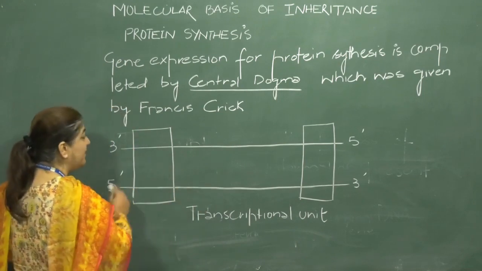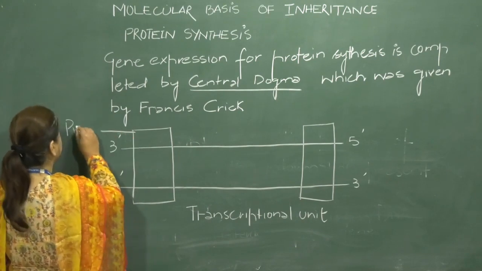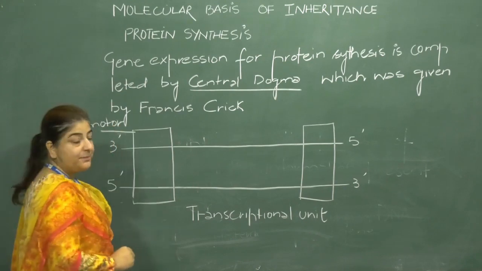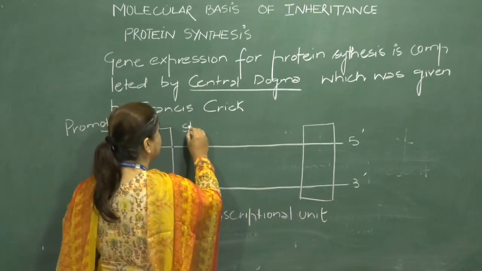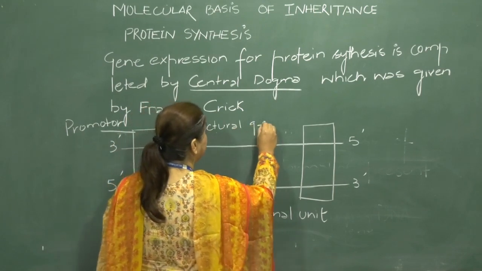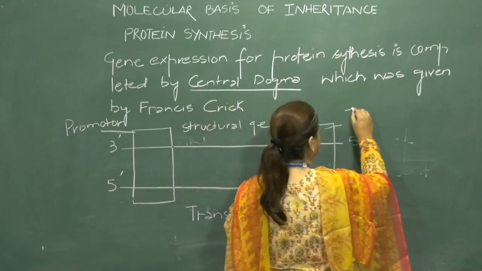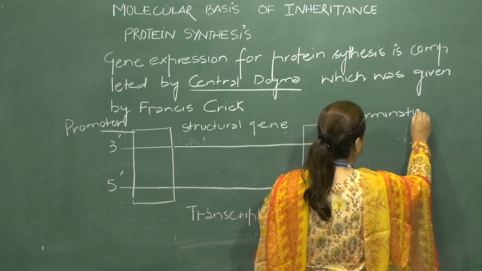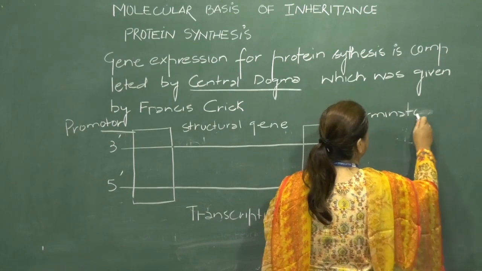When we talk about the areas of the transcriptional unit, we say this region is known as the promoter, this region is termed as the structural gene, and this region is known as the terminator.